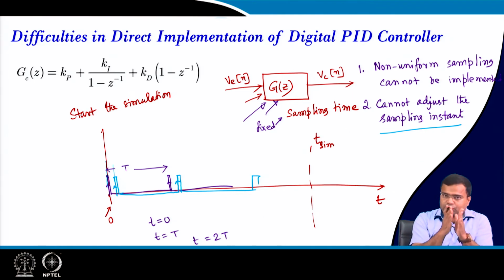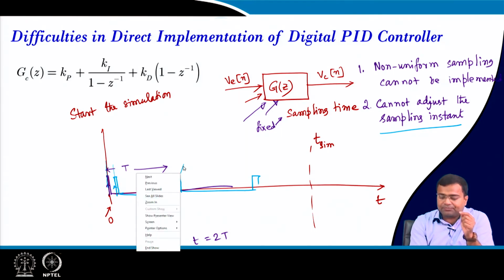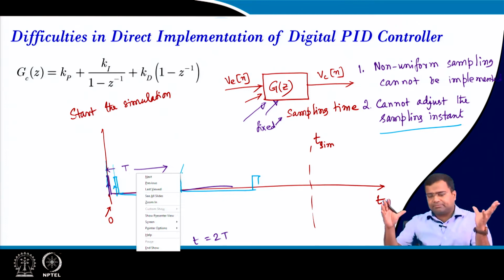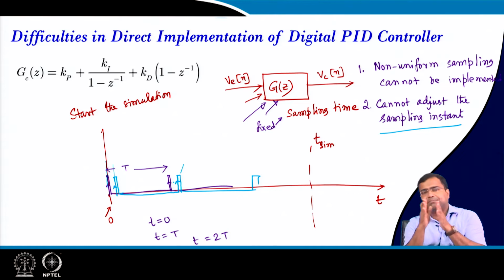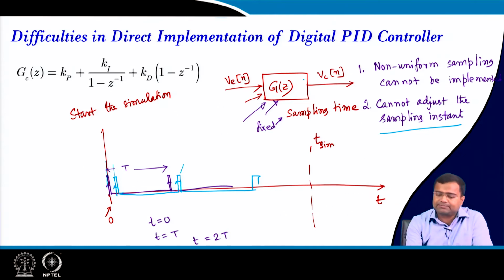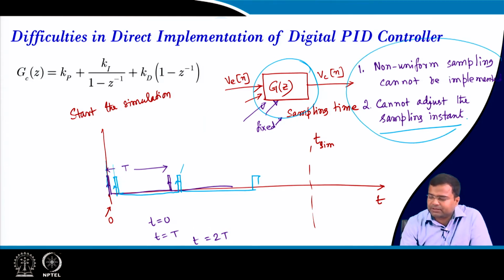So there has to be a difference in time instant between your switching clock and the sampling clock. That means we want an adjustable sampling clock, where the time period may be the same, it may be uniform sampling, but the point of sampling should be customizable, and this block does not allow that. So these two are not possible, that is the difficulty.